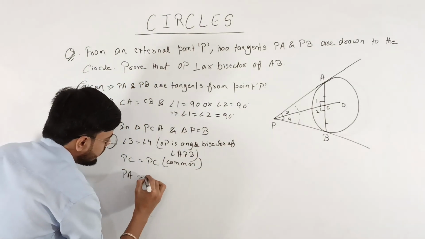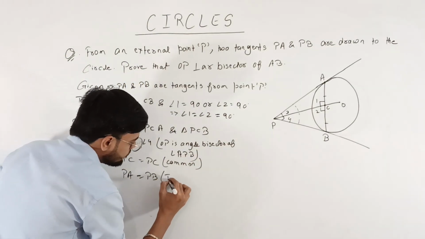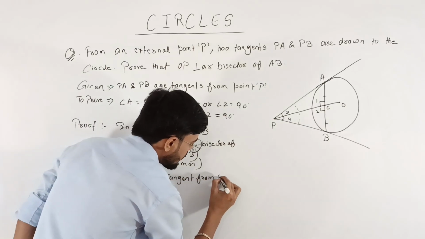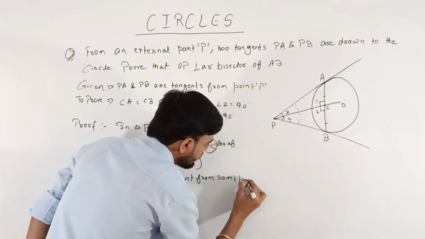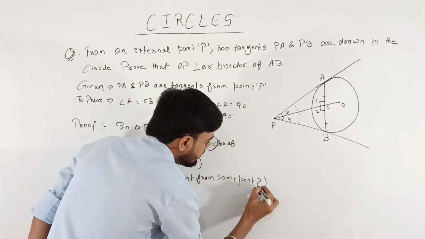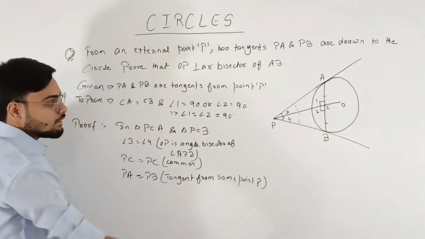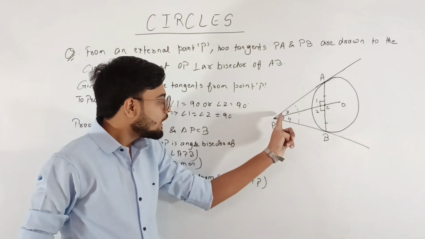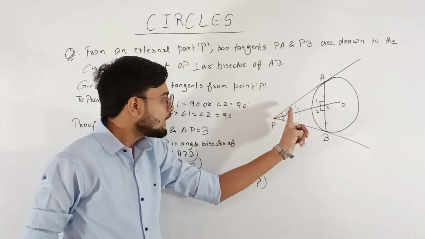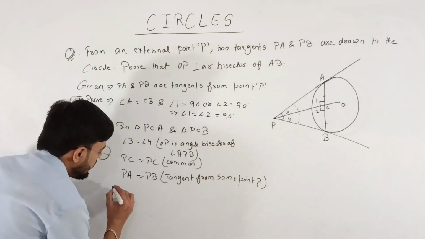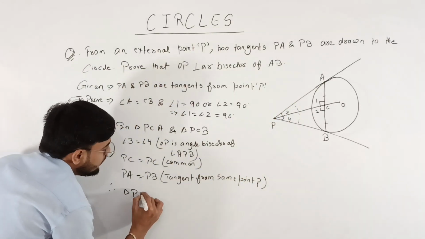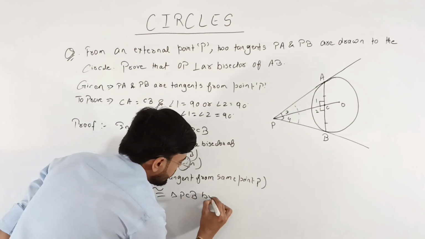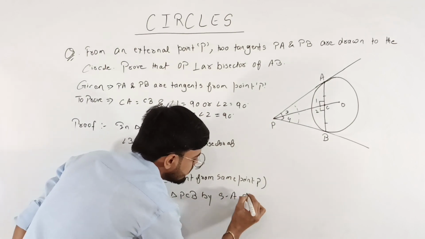So these two triangles are congruent by side angle side: PC equals PC, angle 3 equals angle 4, and PA equals PB. Therefore, triangle PCA is congruent to triangle PCB by side angle side.